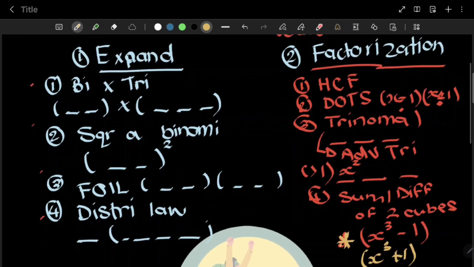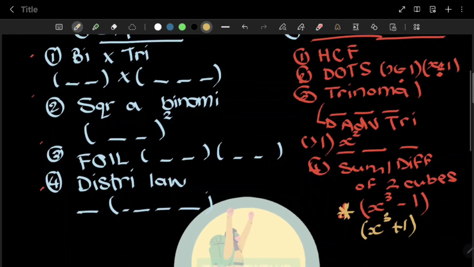Oh, and one more thing. The sum or difference of two cubes and the difference of two squares, you could use the 2 to remind yourself of the difference between the two types. Just know that the difference of two squares is basically when the exponent of x is 2.